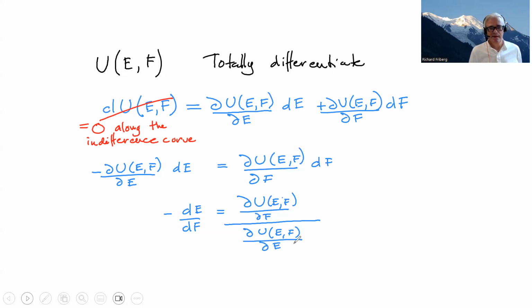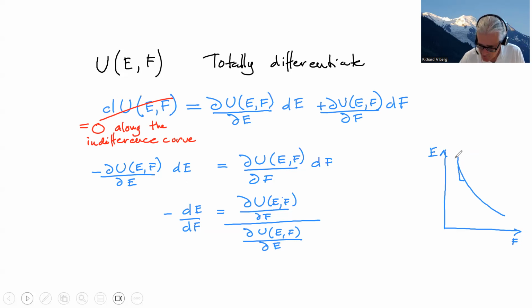Okay, so what does this say? What is this thing here? If we have E and F here, there's an indifference curve. So dE over dF here would be, as we're moving along the indifference curve, the slope.